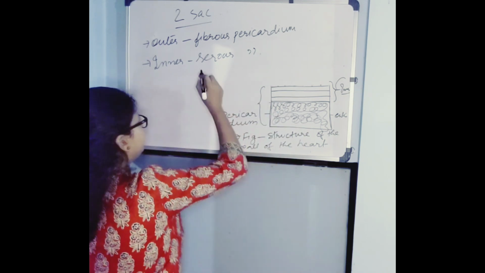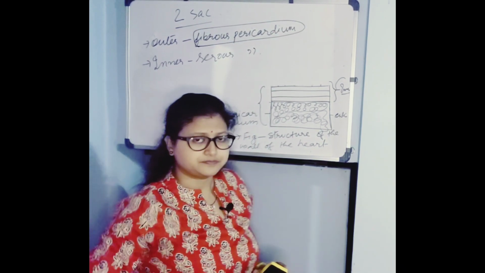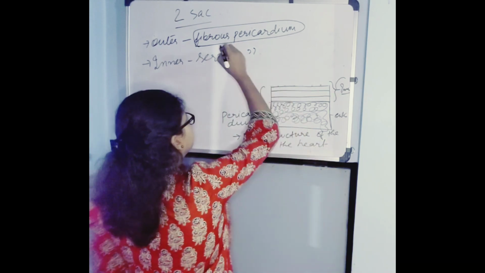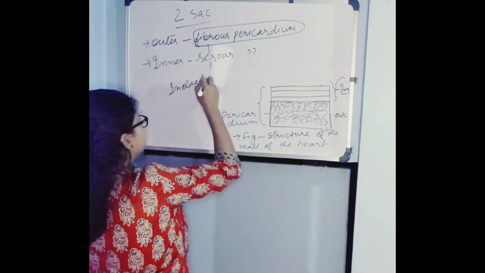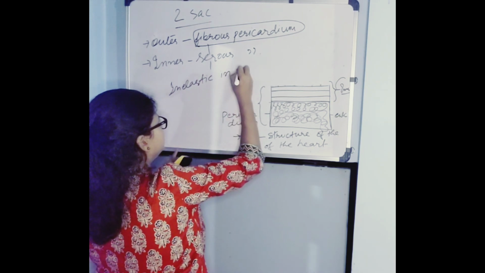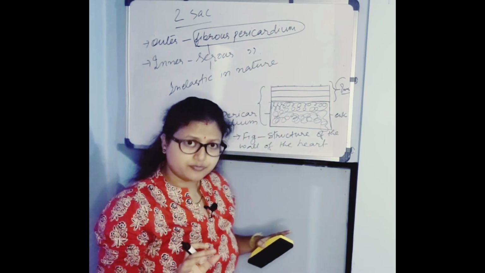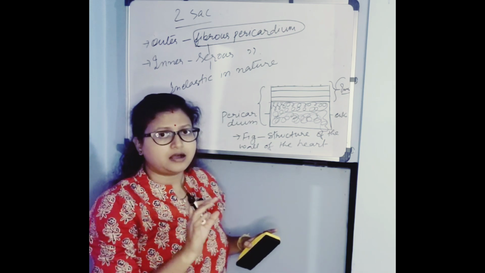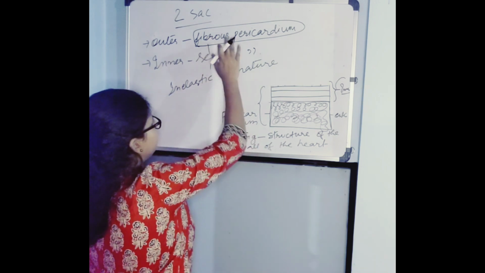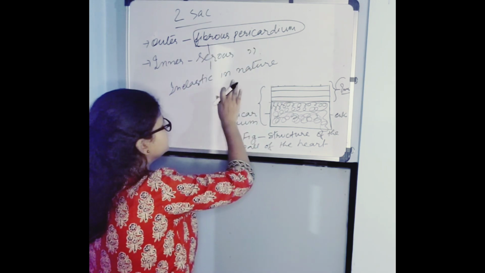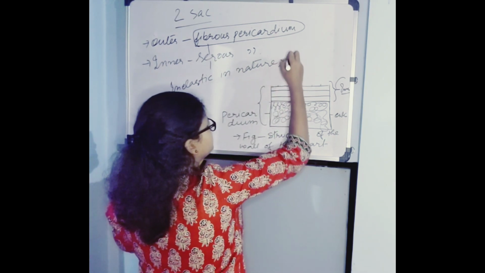Okay, and this fibrous pericardium is inelastic in nature, and it prevents our heart from over distension. Okay, this fibrous pericardium is inelastic in nature because it consists of fibrous tissue.